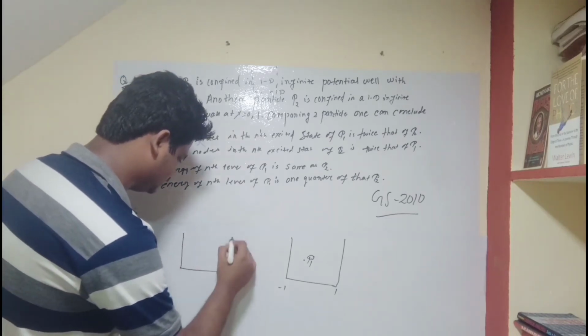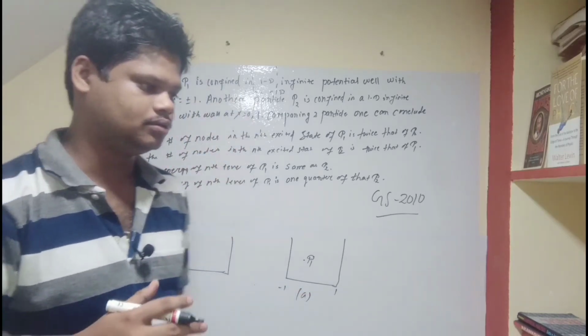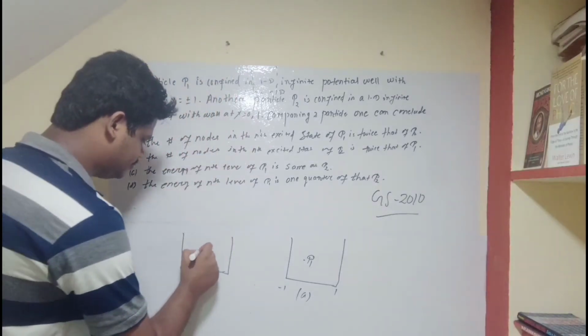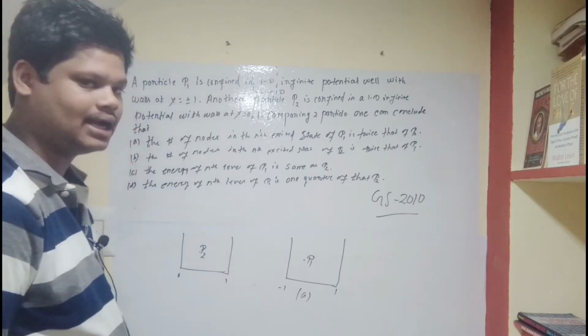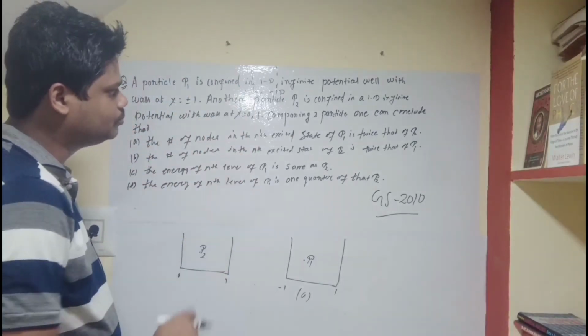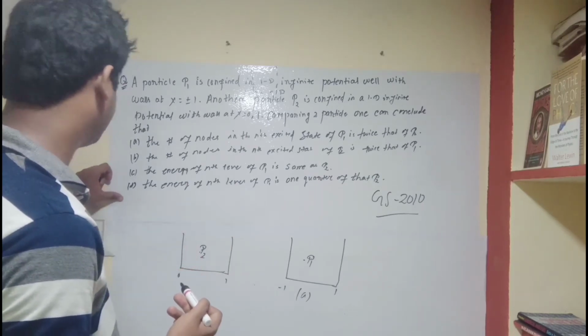That means for particle P1 the potential is symmetric, and for the particle P2 the potential is asymmetric. So comparing the two particles, one can conclude. Let's read the four options.